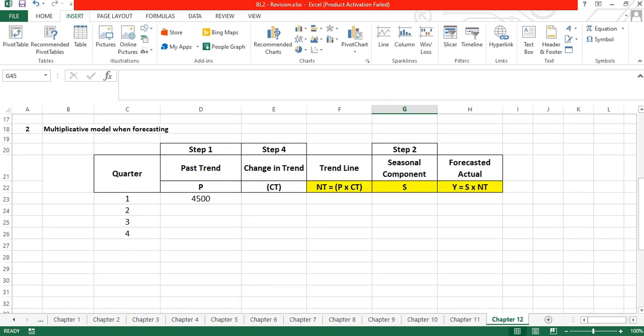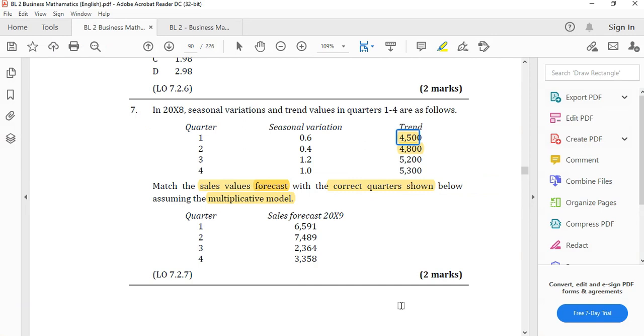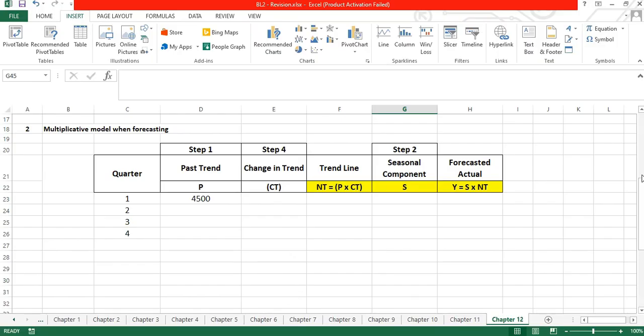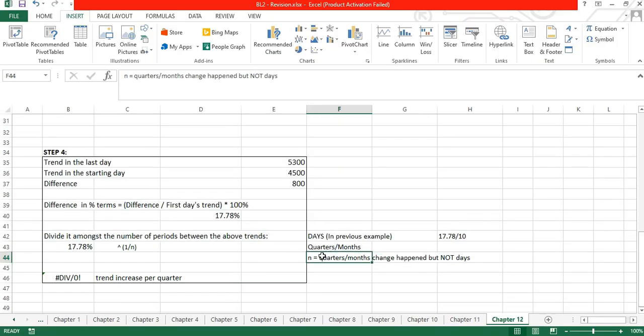So, if you see this question, the first quarter is there and then from the second quarter onwards only the trend is changing. That means how many quarters do you have to put here? How many quarters or months have changed?